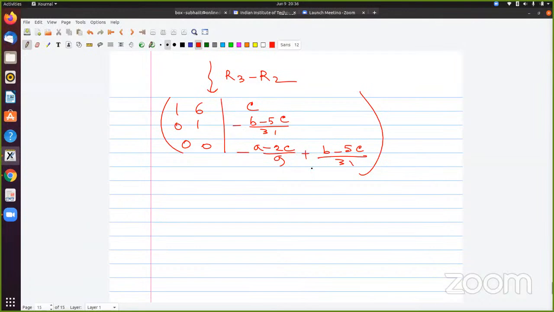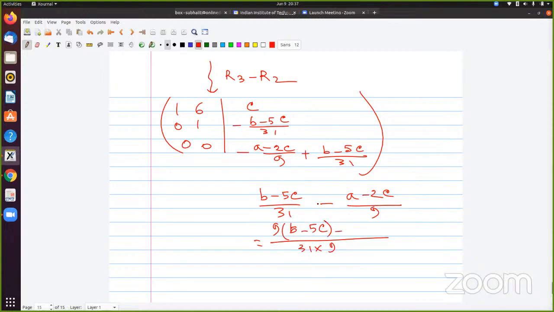No solution. This is B minus 5C by 31 minus A minus 2C by 9, right? So 31 into 9, some huge numbers are coming. But my point is, this has no solution. Can you understand that? Yes, yes.